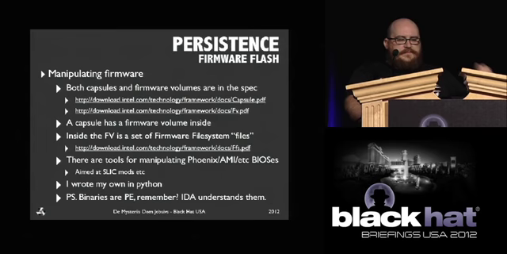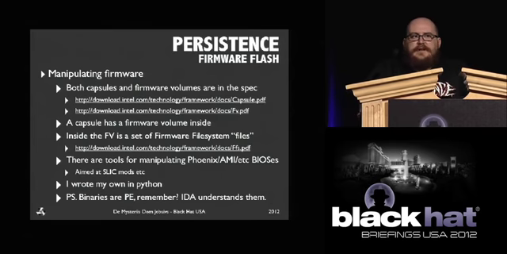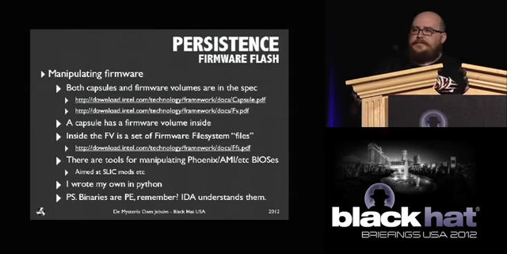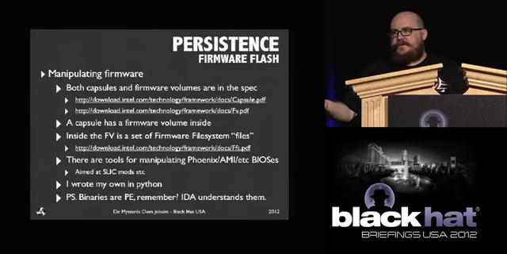So manipulating this firmware, all of the format of the capsules and firmware volumes and stuff is all specified as part of EFI, so there's some nice documentation on how to do it, which is pretty good. So a capsule basically just has a firmware volume inside it. A firmware volume has a set of files. It's just a file system, like a flash file system.